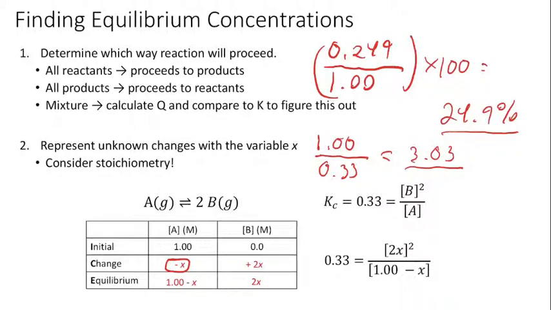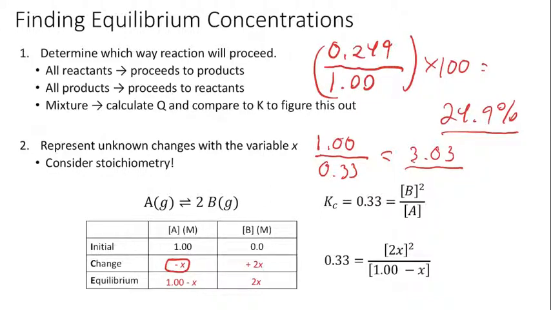If that number, when you take the initial concentration divided by K, is greater than or equal to 1,000, you can probably ignore the x.